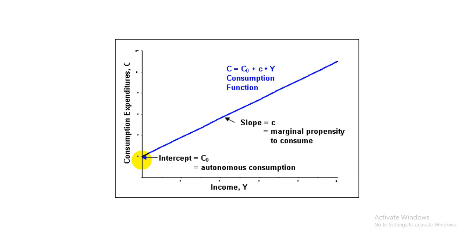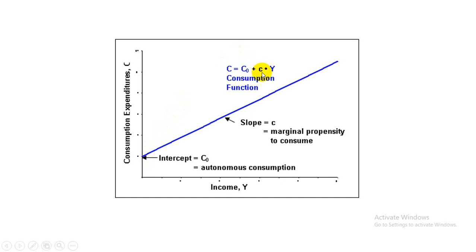Of course, in the real world, most individuals, for example students, are not doing work, but they are consuming things, which means the consumption of those individuals does not depend on the level of income. This is what we call autonomous consumption, and it is represented in econometrics with C naught.